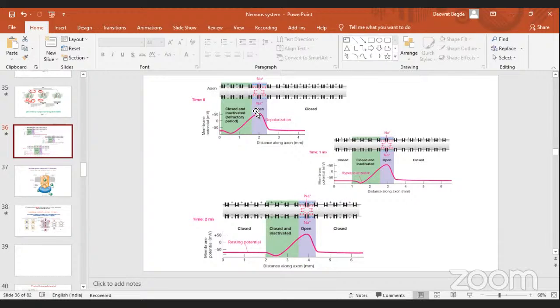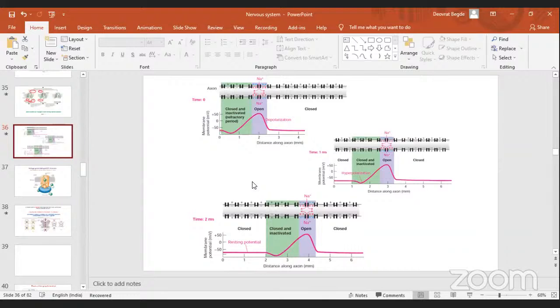But after the closing of the voltage gated sodium ion channels, behind those there are voltage gated potassium ion channels which are allowed to open, and they help in the re-establishment of the membrane potential.